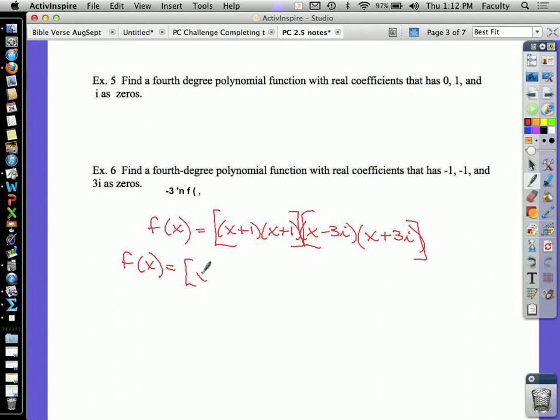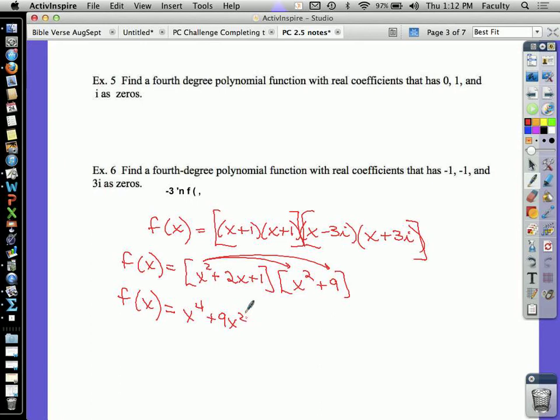So the first two will produce x squared plus 2x plus 1. And then the second two, the outer and inner cancel, and I get minus 9i squared. Since i squared is -1, that's x squared plus 9. We'll use the extended distributive property to take x squared times both terms, so we'll get x to the 4th plus 9x squared.